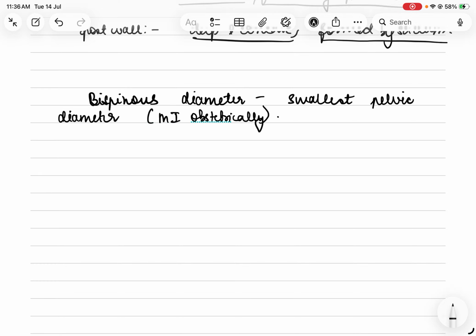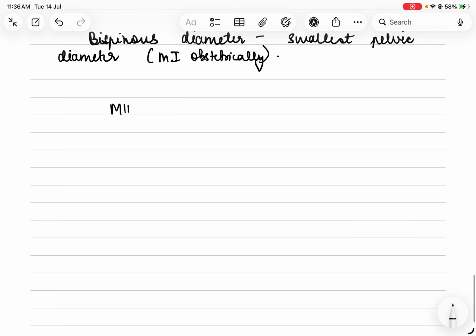Now next is the mid pelvis. The roof is the plane of greatest pelvic dimensions, and the floor is the plane of least pelvic dimensions.